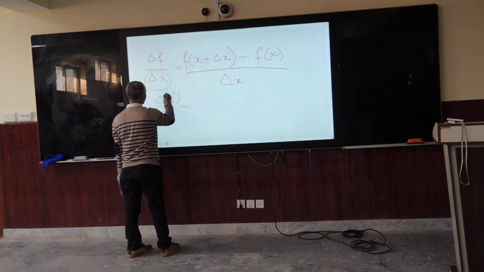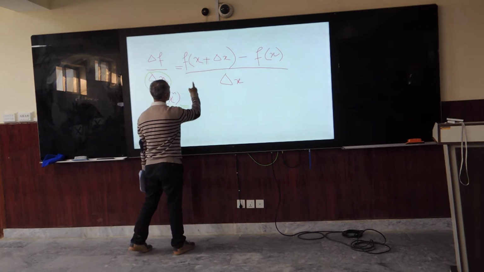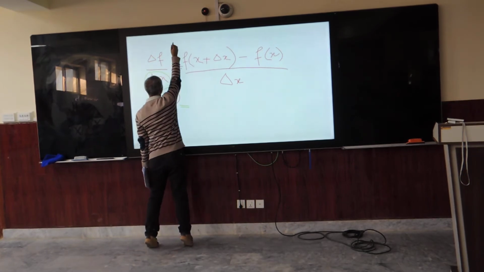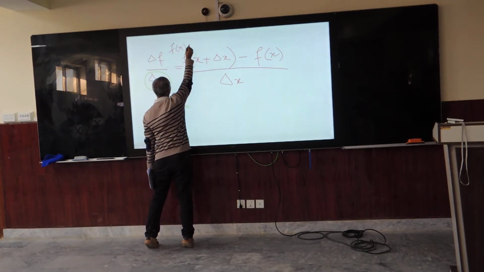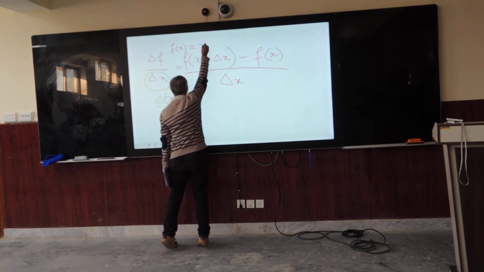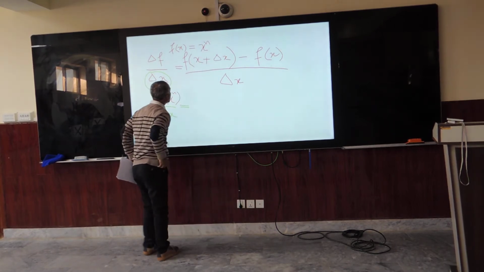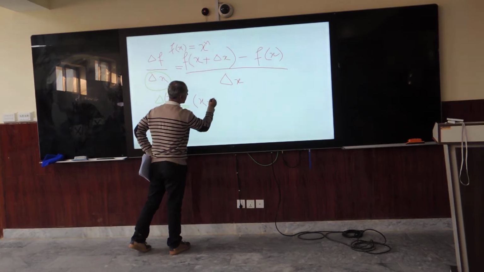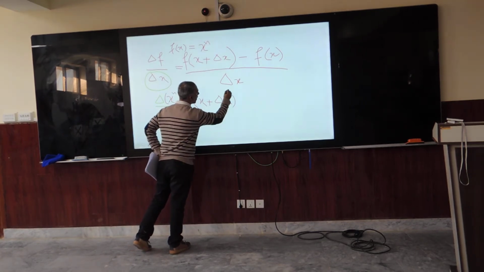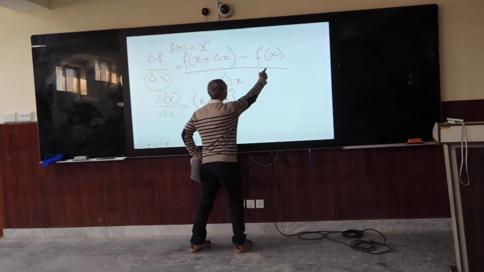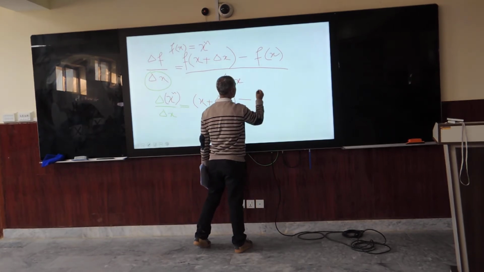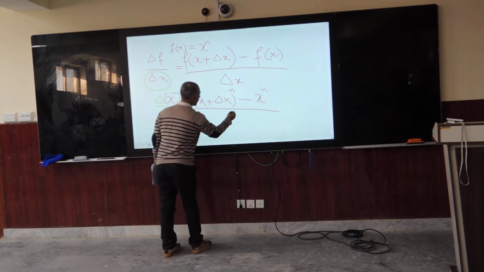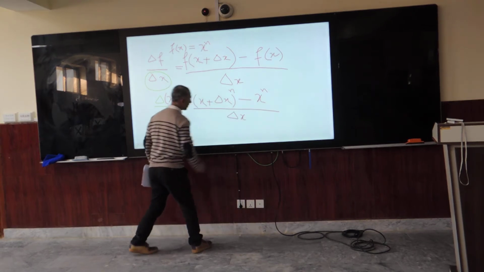So substitute the value here, x^n, since the function is given as f of x equivalent to x^n. In this formation this will become (x plus delta x) whole power n minus x^n, and in the denominator we will have delta x.